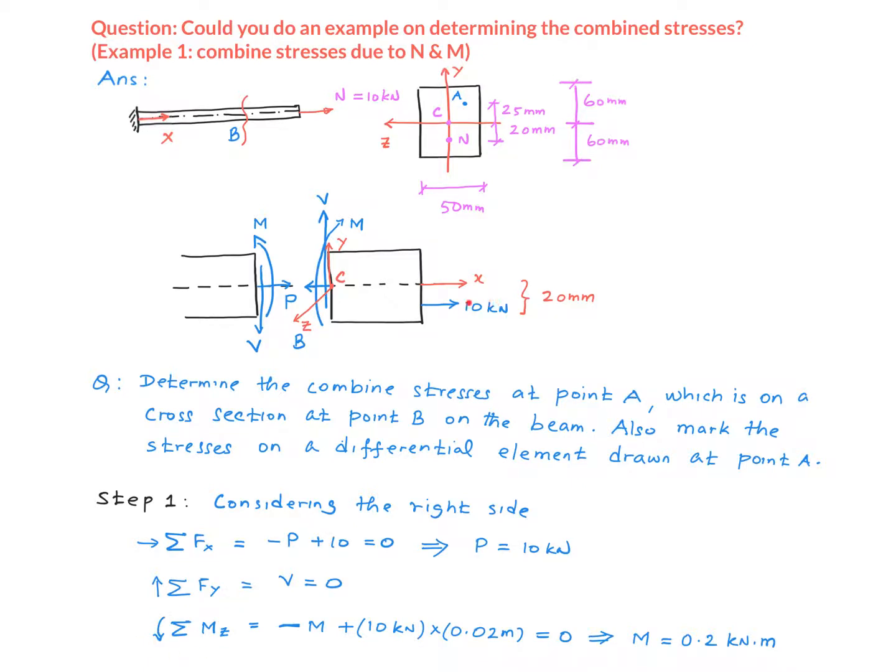And then this 10 kilonewton is going to produce a moment. So what do you do? You take the line of action, find the perpendicular distance to the line of action, right? So that's 20 millimeters. So 10 multiplied by 20 millimeter converted to meter here is the moment due to that force. So minus M plus 10 times 0.02 must be equal to 0. So M is calculated to be 0.2 kilonewton meter out of that.